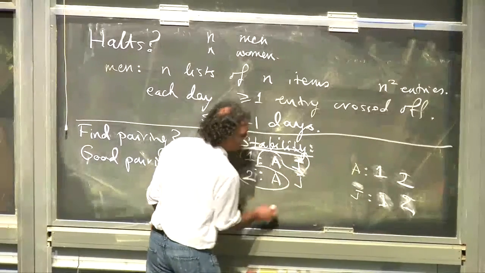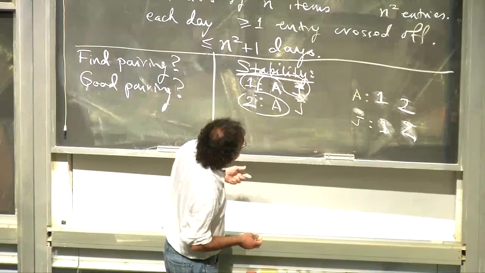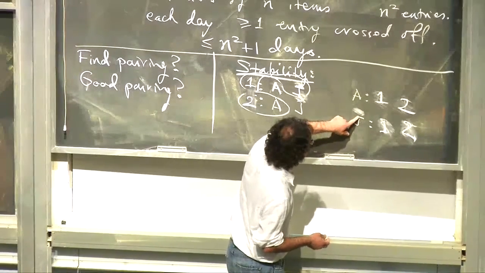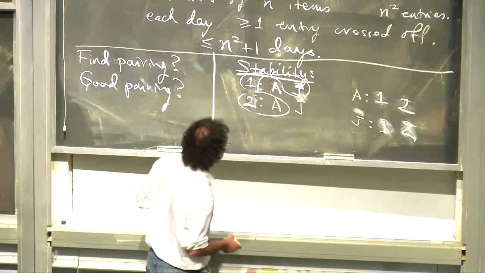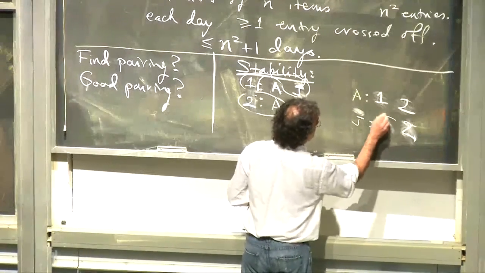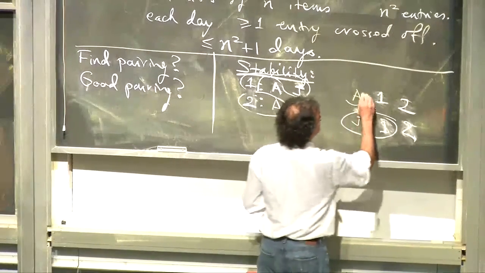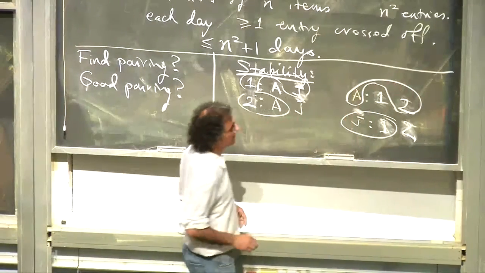And now let's say you were to say, look, J really likes 1, so let's pair them up. And now let's pair up A with 2. So that's the only possibility.